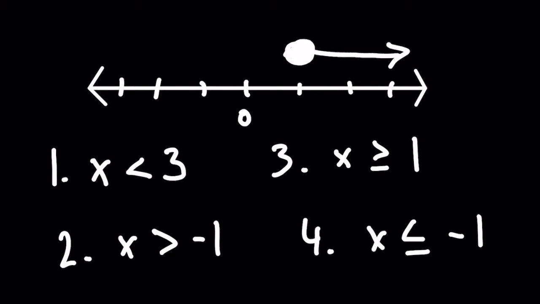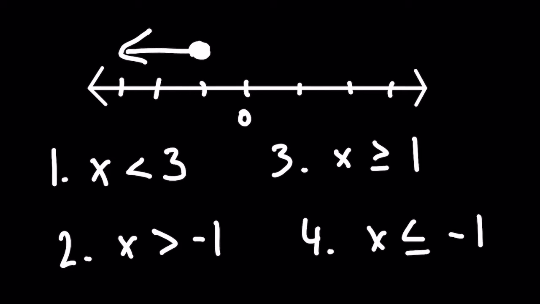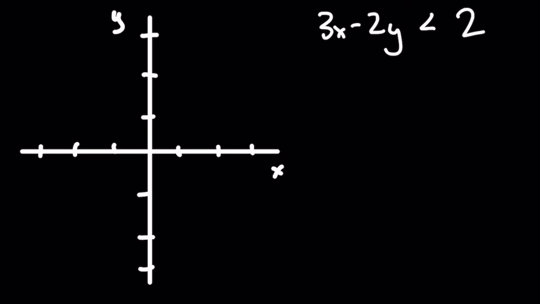And then number 4, x is less than or equal to -1, so I find -1, I fill in the circle because it includes -1, and the inequality says that x is less than or equal to -1, so it could be -2, -3, and so on, lesser numbers, so I pull the arrow left.